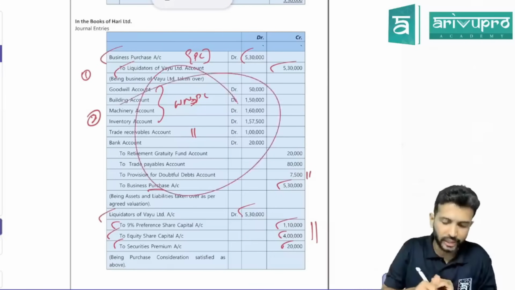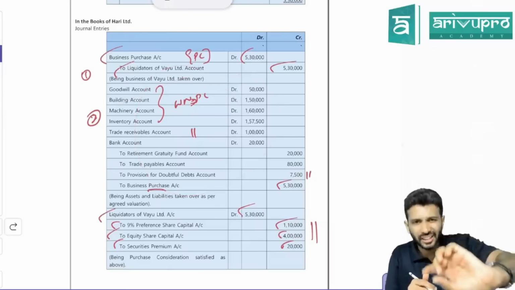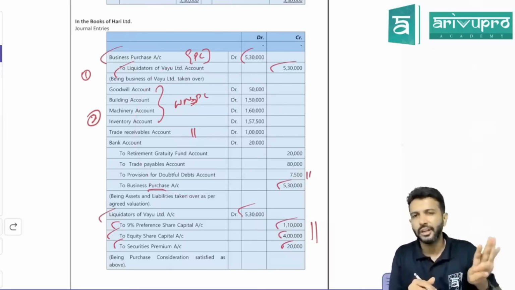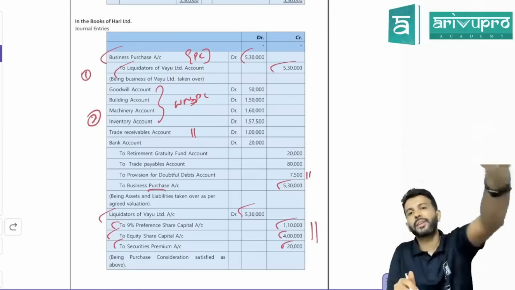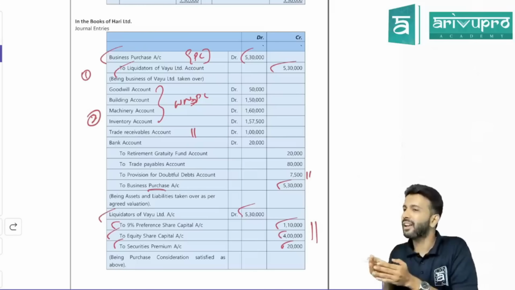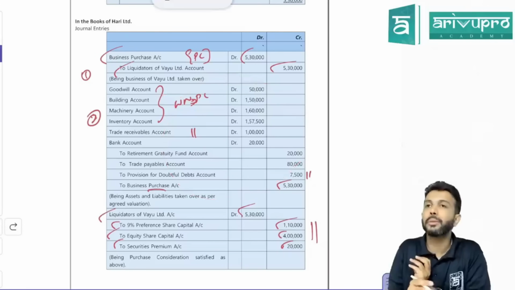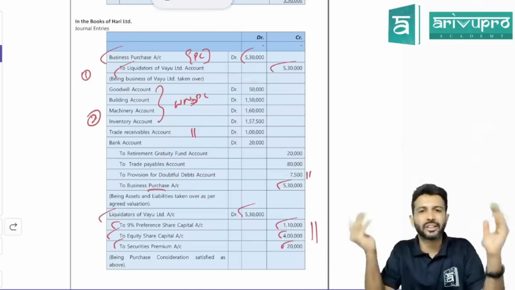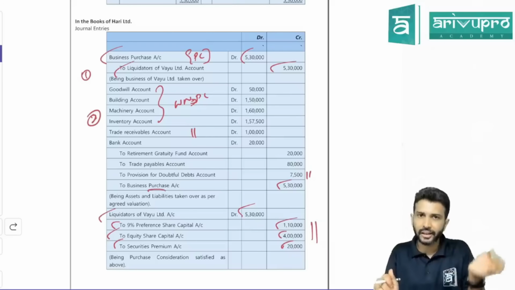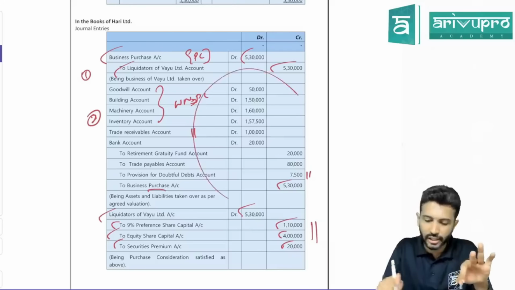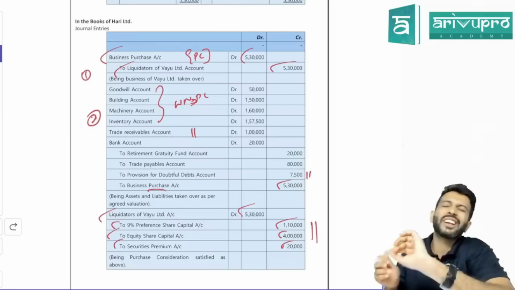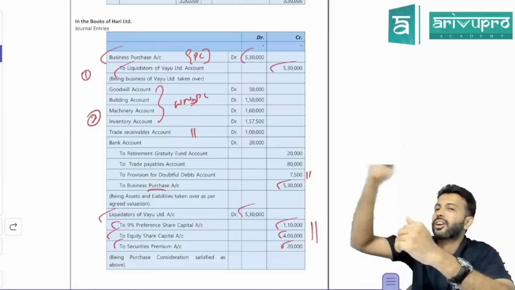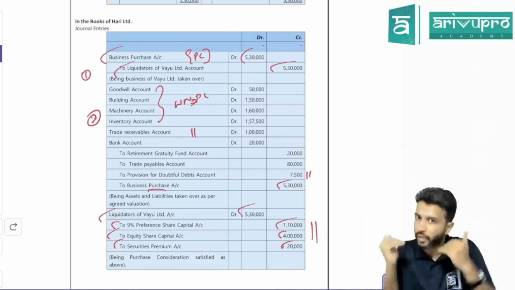If the second journal entry does not match, the balancing figure is nothing but goodwill or capital reserve. If you're getting the balancing figure on the debit side, it is goodwill. If you're getting the balancing figure on the credit side, it is capital reserve. Here we are not getting a balancing figure because PC was equal to net assets. If PC is greater than net assets or lesser than net assets, this journal entry will not match. You will get a balancing figure. Done now? That is one. Third is your settlement. Settlement entry is liquidator of selling company account debit to cash if you have settled in cash.